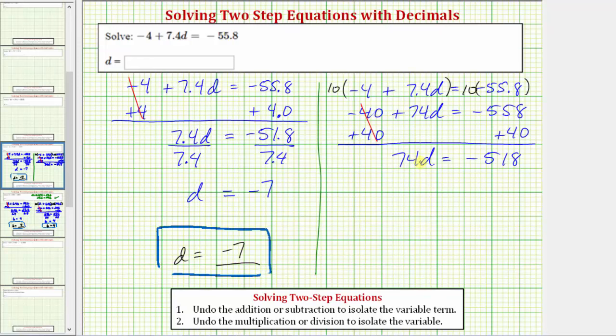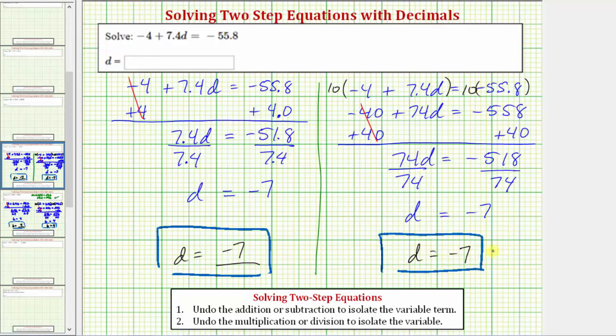To solve for d, we need to undo this multiplication by dividing both sides by 74. Simplifying, dividing by 74 undoes multiplying by 74. So the left side simplifies to d, or 74 divided by 74 equals 1. 1 times d is d. On the right side, negative 518 divided by 74 equals negative 7. So of course, using the second method, we do get the same solution.